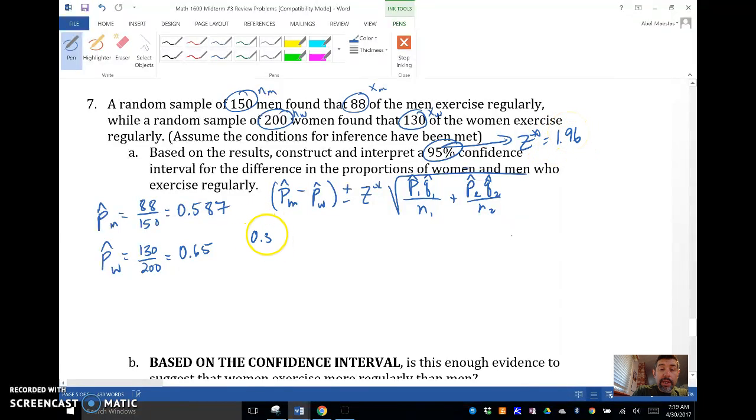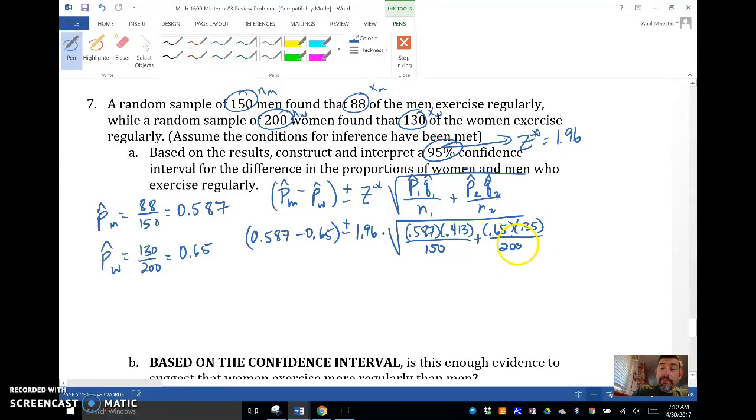We got 0.587 minus 0.65 plus or minus 1.96 times the square root of 0.587 times 1 minus 0.587, which is 0.413, over 150 plus 0.65 times 0.35 over 200.